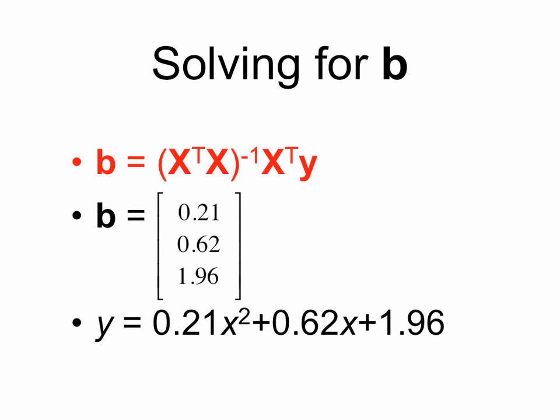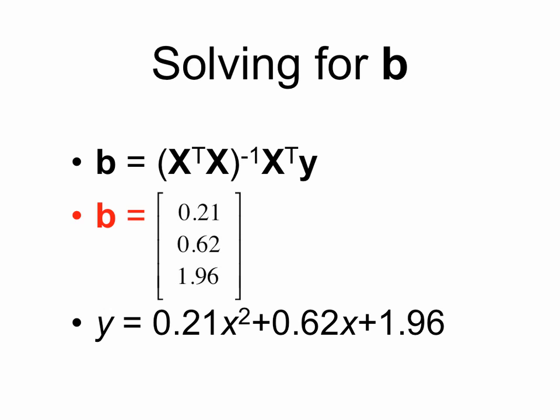If we plug that into our linear regression formula, out pops this array B. Now the ordering of the three different numbers here, we have 0.21, 0.62, and 1.96. That's a, b, and c. The reason they came in that order is because in our matrix X, we first put a column corresponding to x squared, and then x, and then 1, in that order.